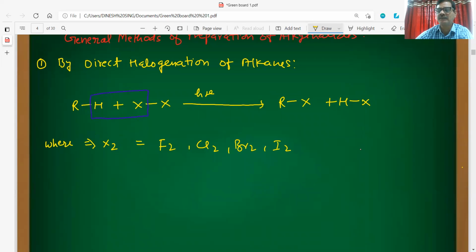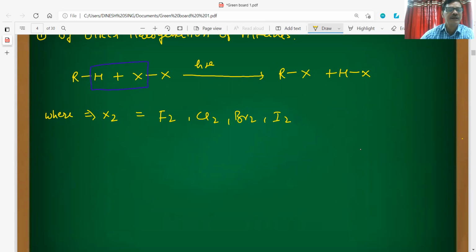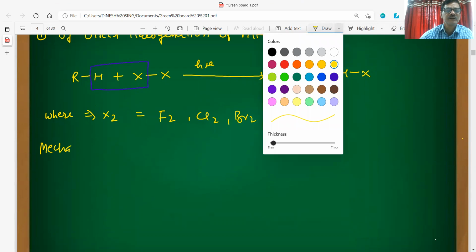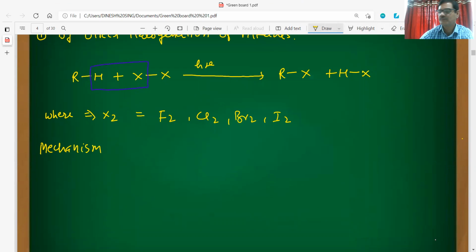So if we see the mechanism for this reaction, here mechanism is very, very important. First step is the chain initiation step. Actually, this reaction takes place through a free radical intermediate, that is the free radical substitution.